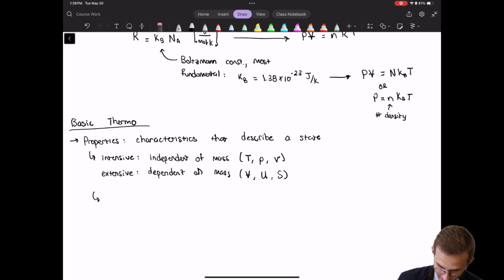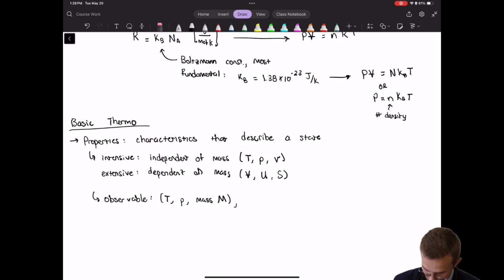You can define properties as observable, things you can measure, like the temperature, the pressure, and the total mass M in a system.